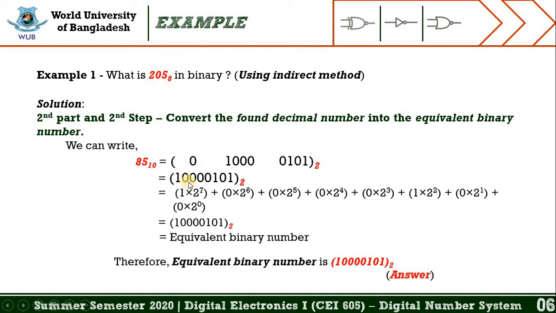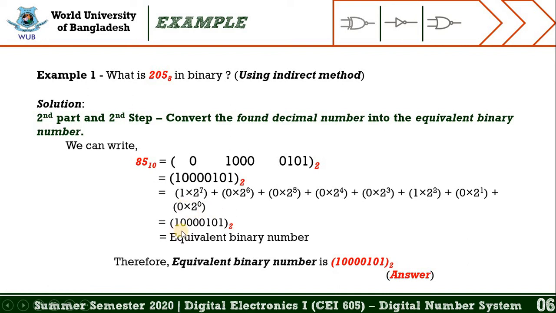Since the base of the binary number system is 2, we represent the third line of the solution in terms of 2 to the power something. 1 into 2 to the power 7, 0 into 2 to the power 6, 0 into 2 to the power 5, 0 into 2 to the power 4, 0 into 2 to the power 3, 0 into 2 to the power 2, 0 into 2 to the power 1, and 0 into 2 to the power 0.